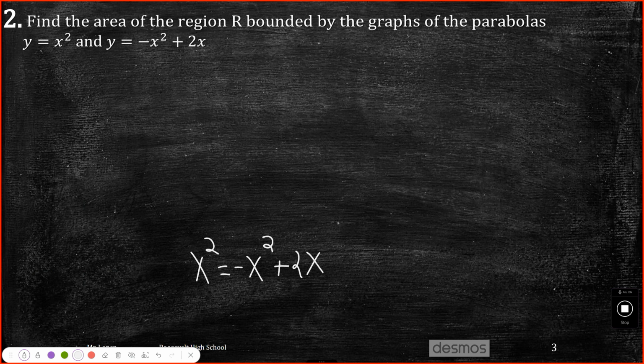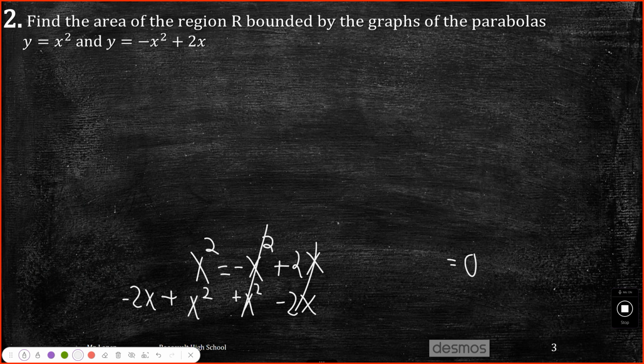I'm going to move everything to the left side. So this is going to be positive x squared here, and then you're going to minus 2x, so minus 2x, and then it's set equal to 0. And then this cancels. It's going to be equal to 0 here.